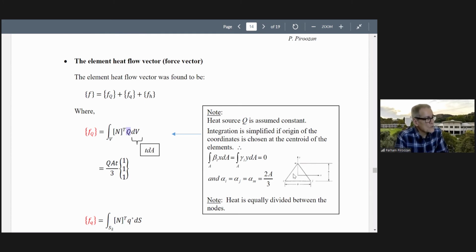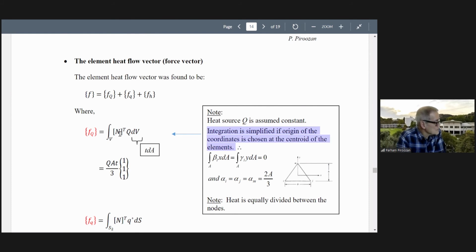If you want to include the weight of a structure, the same here, this is heat flow vector q for this element. It is constant, so this comes out. That's what you see here. dV is thickness times dA. This is the shape function. Integration is simplified if the origin of the coordinate is chosen at the centroid of the element.